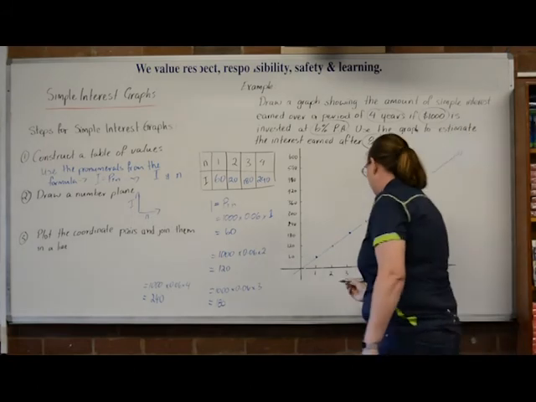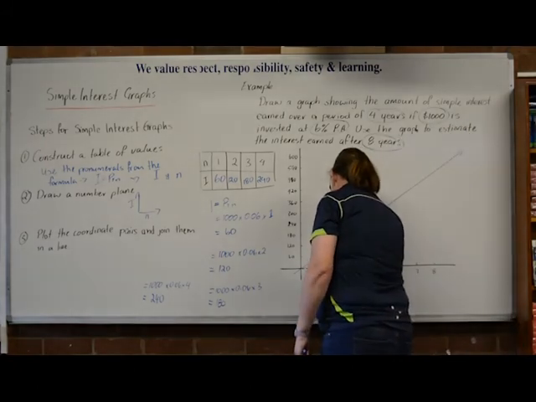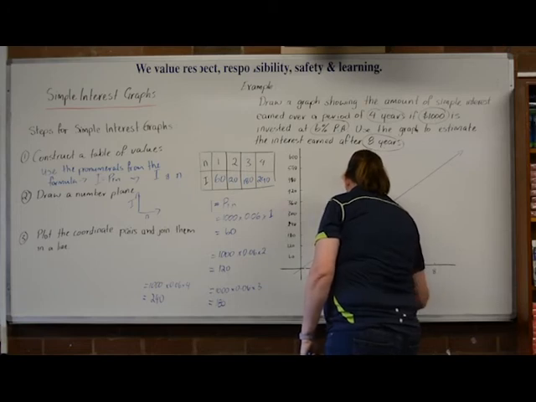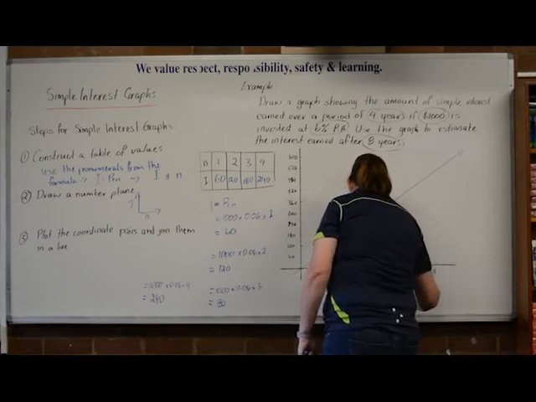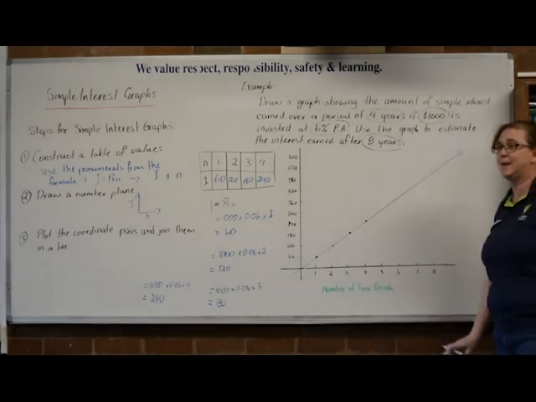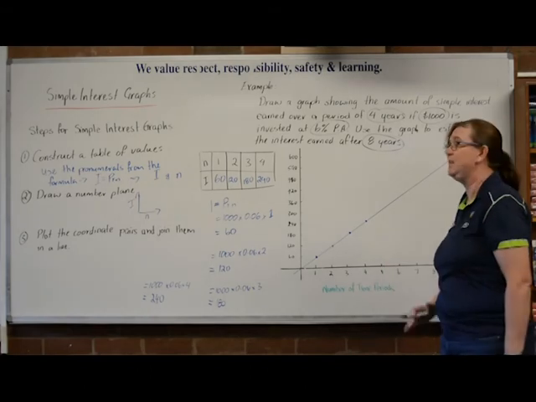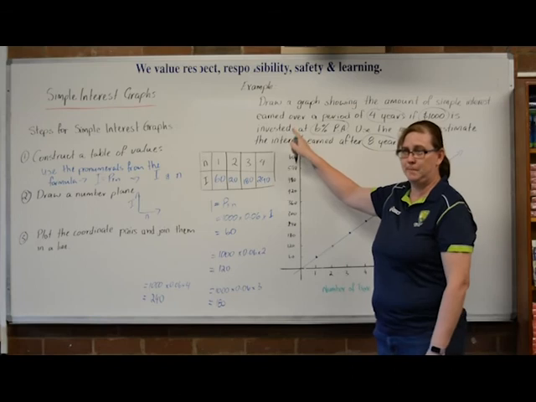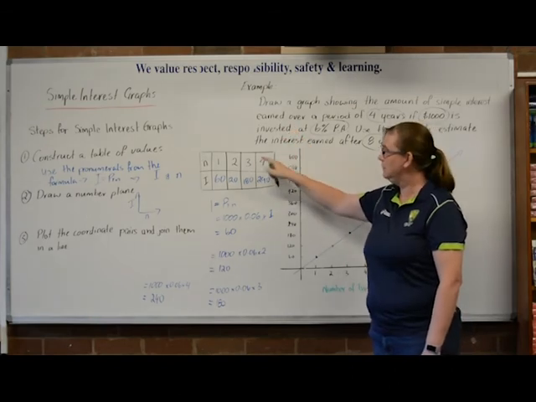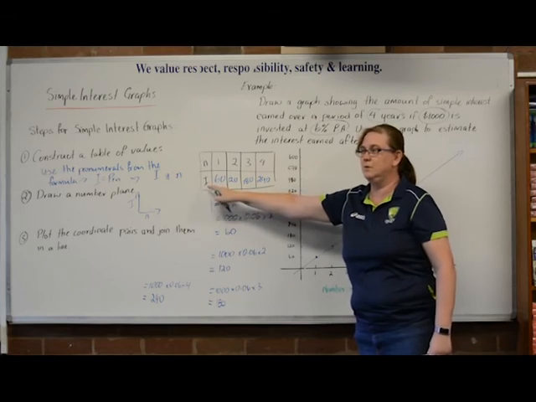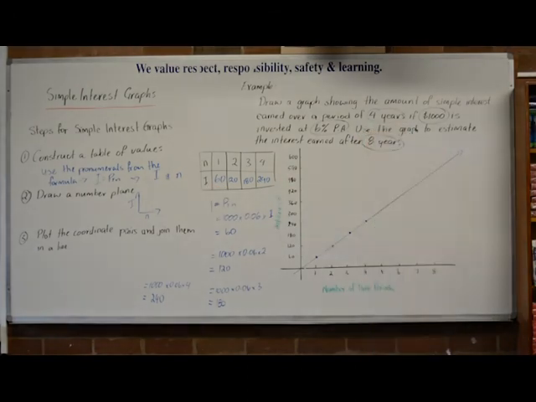It's always really good to put your labels on there, so that anyone who's looking at it, and you when you come back to it, actually knows what's going on. What did we put up this side? What does the I stand for? Interest. So just to make sure that we know what's what, make sure we label it.